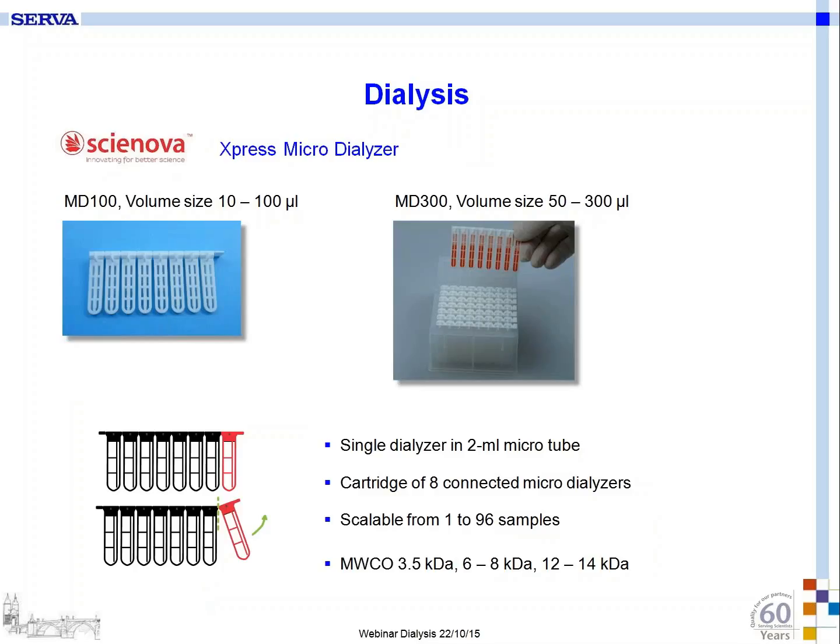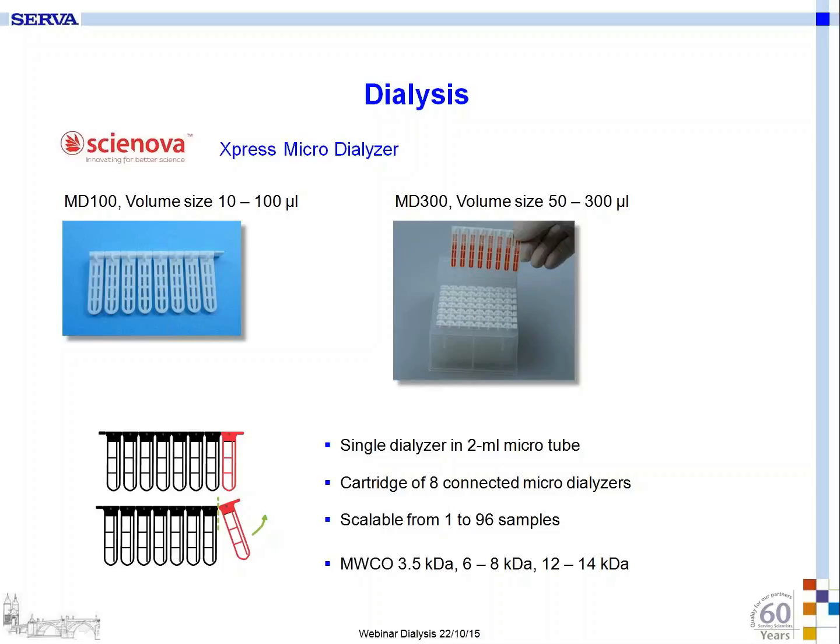The microdialyzers are available in volume sizes of 10 to 100 microliters and 50 to 300 microliters. You can use the single dialyzers in 2 ml microtubes, or you can use cartridges of 8 connected microdialyzers which fit perfectly in a 96 well microtiter plate. So this means that you can easily dialyze and also change buffer for many samples in a very fast and easy way.